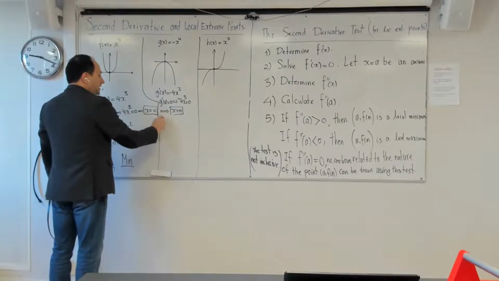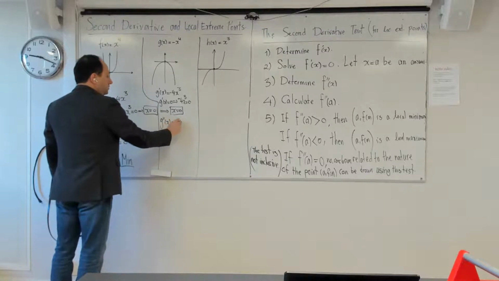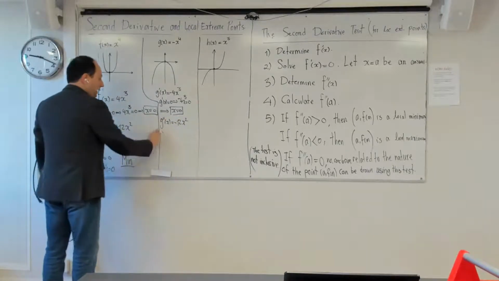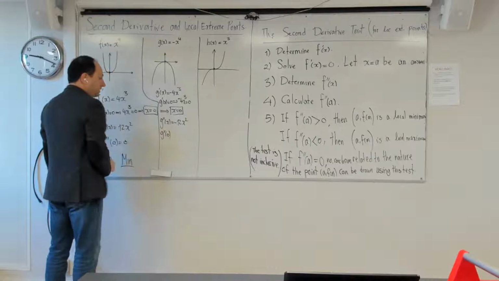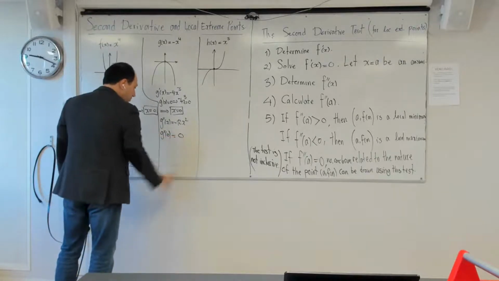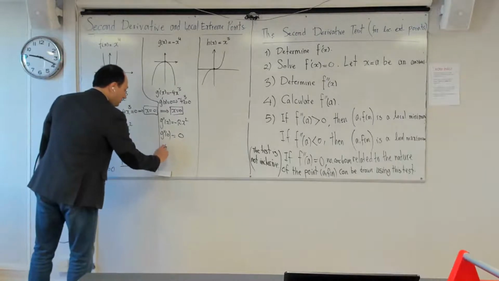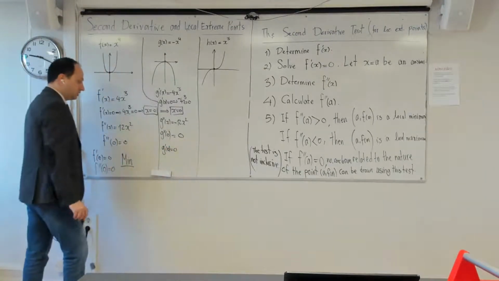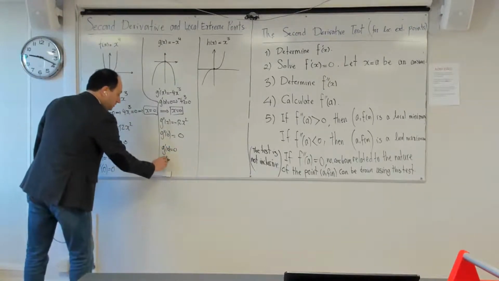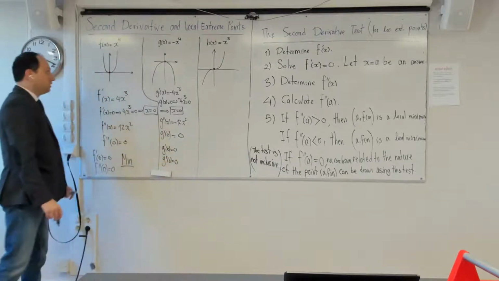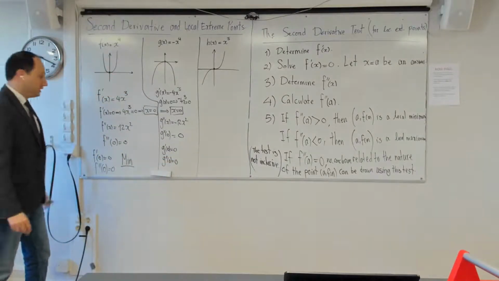I calculate the second derivative. It becomes minus 12x squared. I calculate the second derivative at that point. Again, unfortunately, it becomes 0. So if I ask you what is g prime of 0, you would say it is 0. What is g double prime of 0? It is again 0. But what that point is, this point is a maximum.